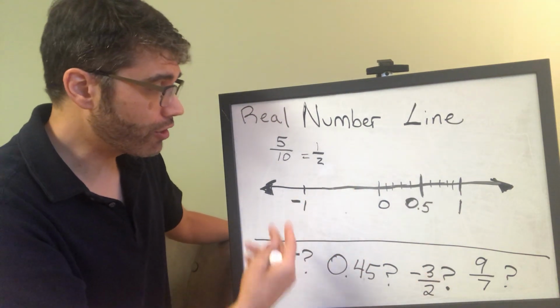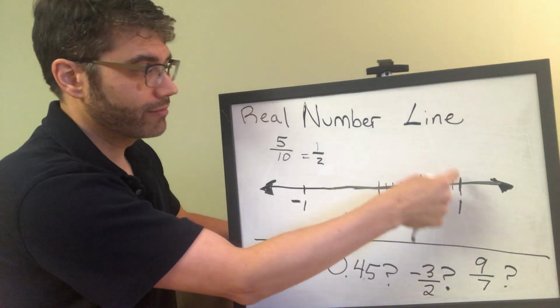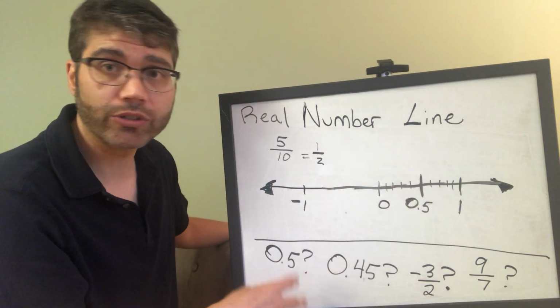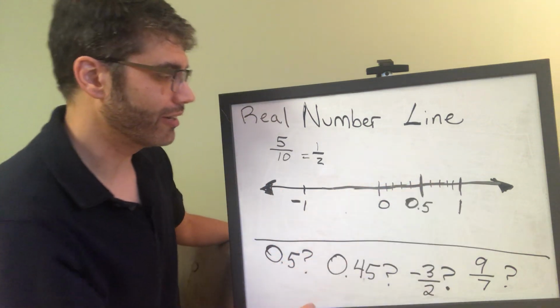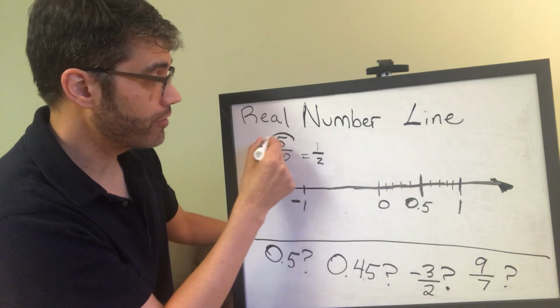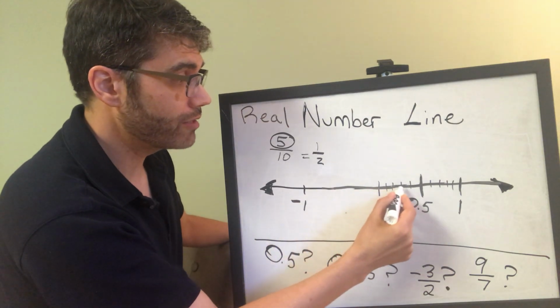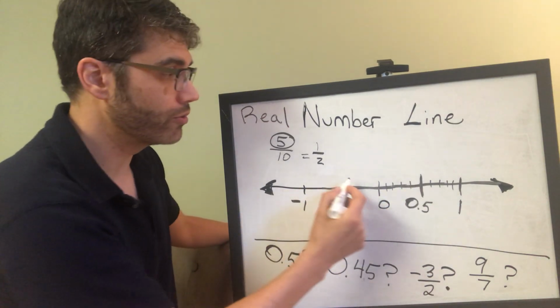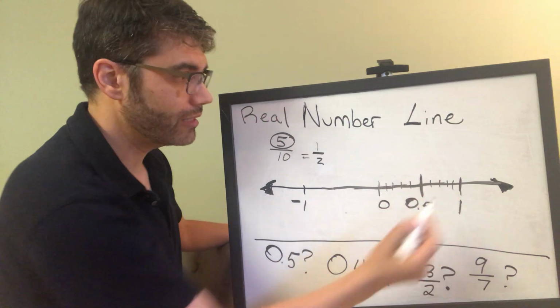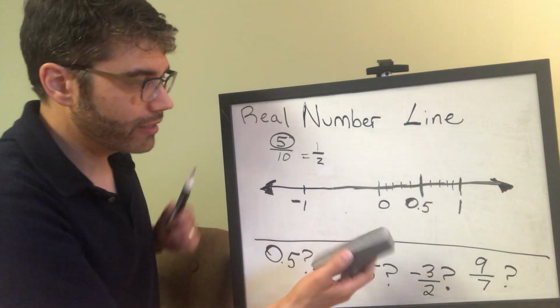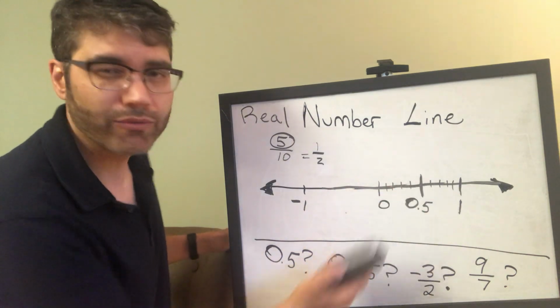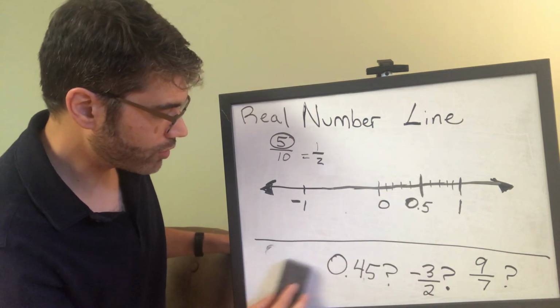In the future, you can always divide it into tenths or hundredths or whatever you want, although hundredths would be a lot of little lines here. And then you can look at the numerator and count as many sections as you need to make the distance correct as much as you can. Obviously, we're just doing the best we can. We don't have a ruler and stuff. Let's move on to the next one.